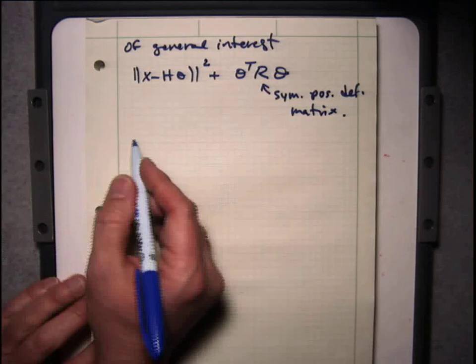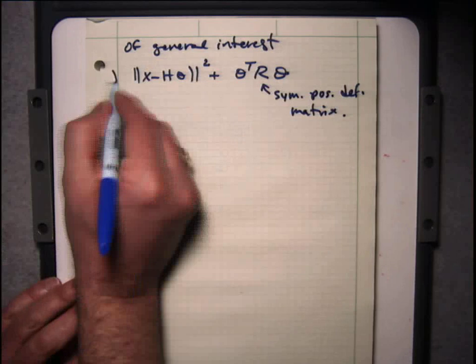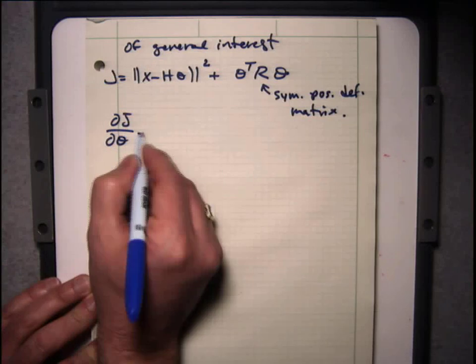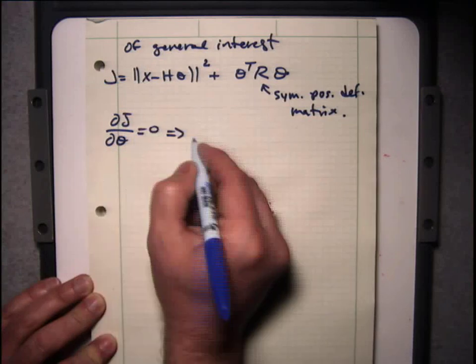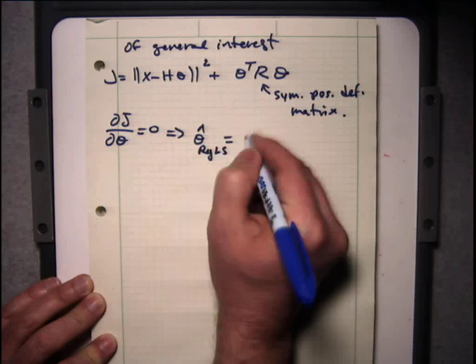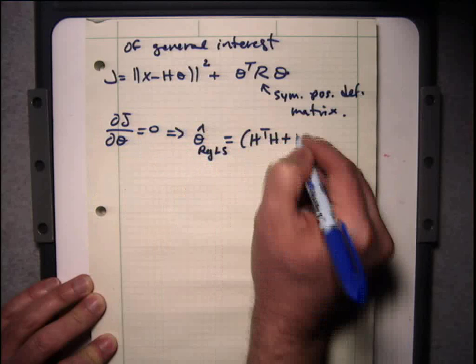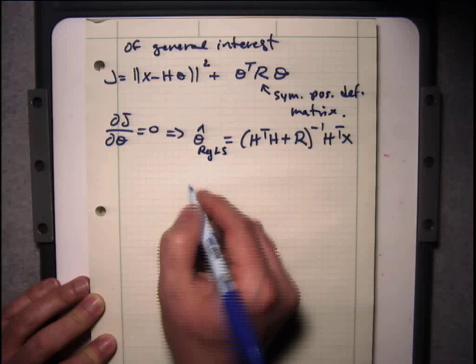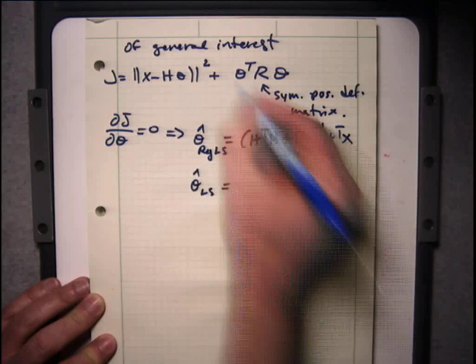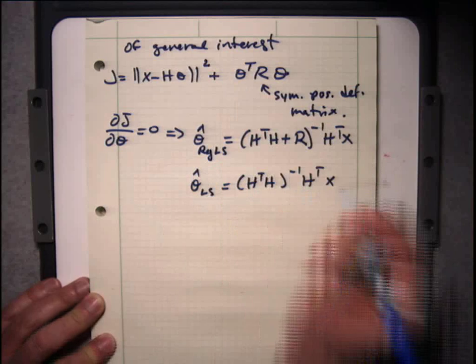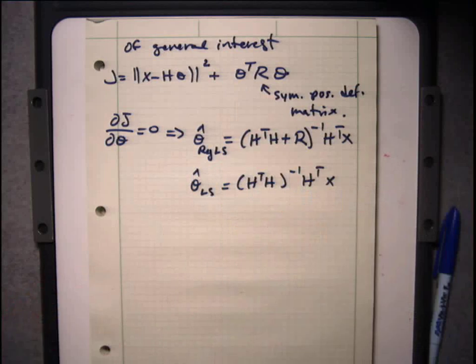Okay, so if you differentiate this, for instance, let's call this j. If we do dj d theta and set it equal to 0, the regularized least square solution is H transpose H plus R inverse H transpose X, as compared to the standard least squares solution without this term, which was H transpose H inverse H transpose X. And what you see is the difference between these two is this term that's been added underneath that inverse.